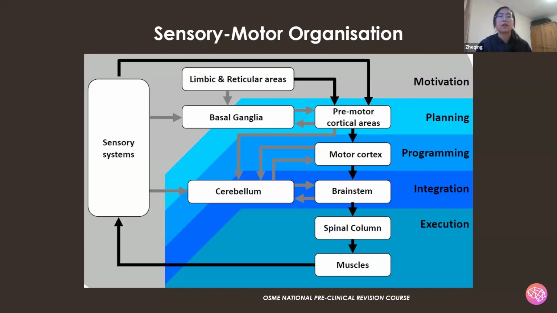First you have the motivation, which is in the limbic areas, also partly in the prefrontal cortex, and then planning, which is in the premotor areas, and then programming, which is the motor cortex, and finally integration in the brainstem, and execution in the spinal cord and the muscles. If you think about it this way, it's easier to understand the main functions of each part of the motor system.